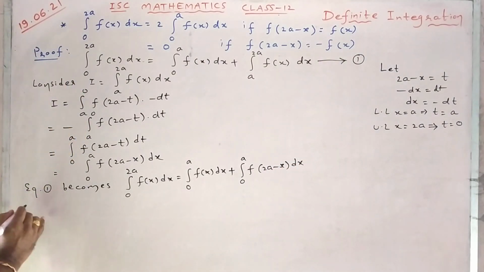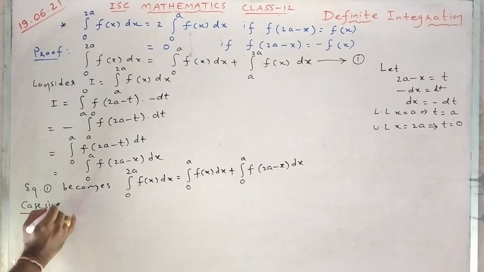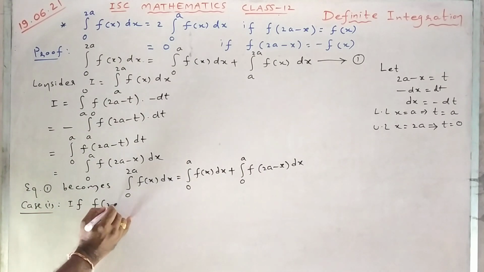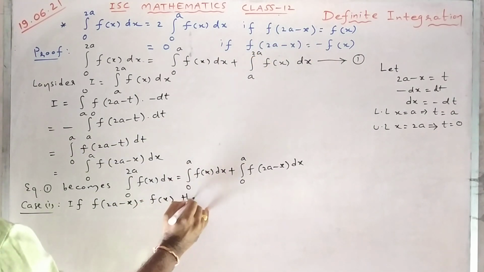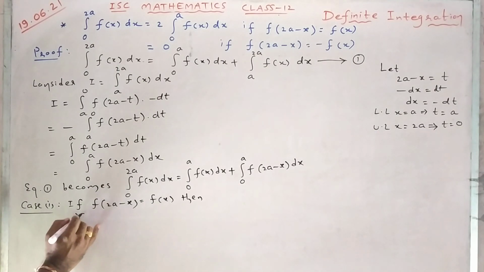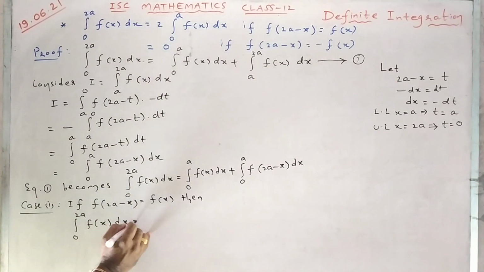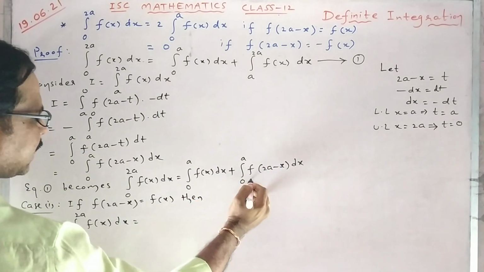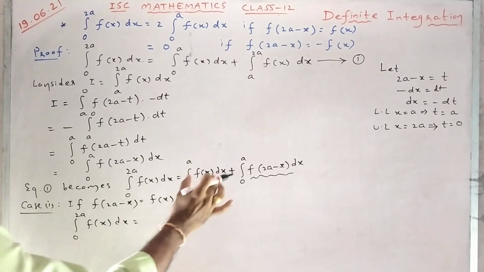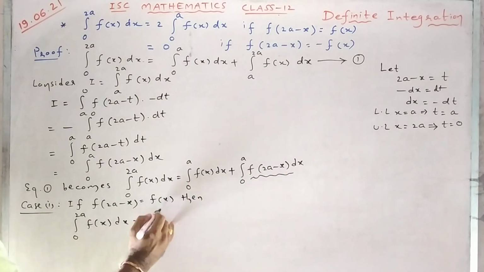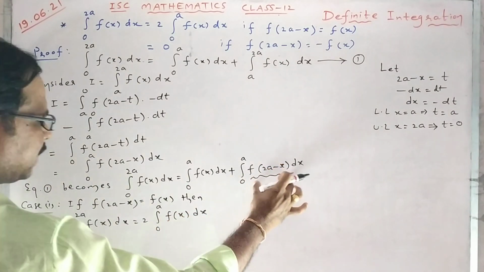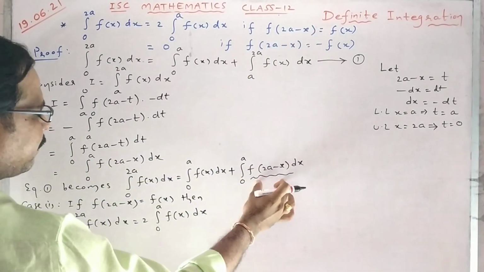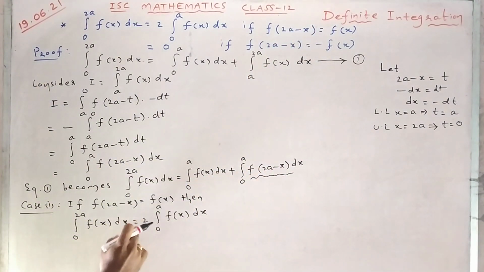Now case 1: if f of 2a minus x equal to f of x, then integral 0 to 2a f of x dx equal to, in the place of this if you write f of x, these two will be the same. So this will be 2 times integral 0 to a f of x dx. Hope it is clear.